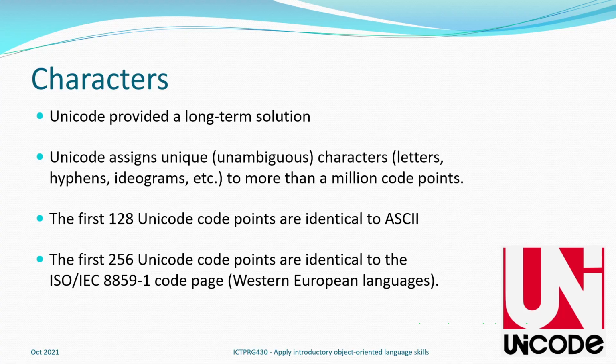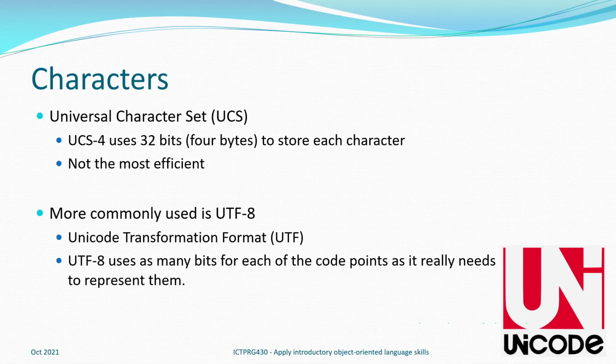And this allows us to reference and build on top of ASCII. So the first 256 Unicode points are identical to basically the ASCII codes. We then move off into the individual representations.